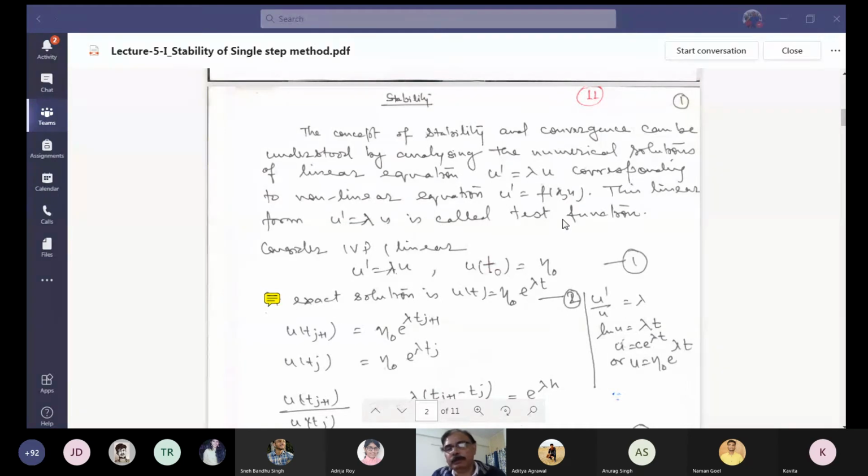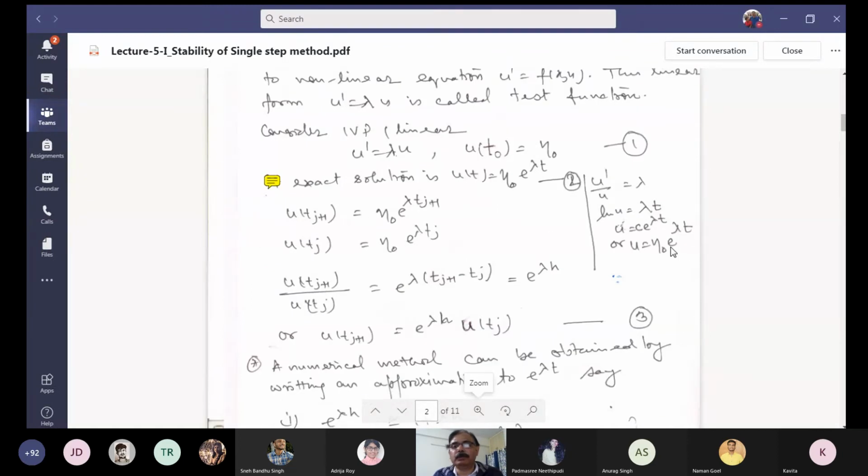Now we are solving this problem, y prime equal to f, whatever the method we are applying. What is its exact solution? Let me see that first. If the problem is u prime equal to lambda u, then u prime by u equals lambda, or du by u equals lambda, and then integrate that, you get the solution.